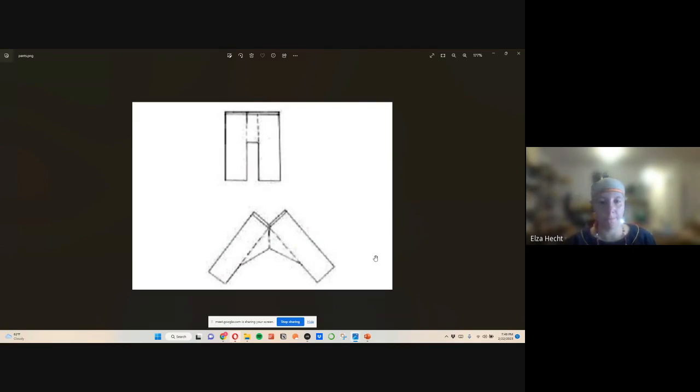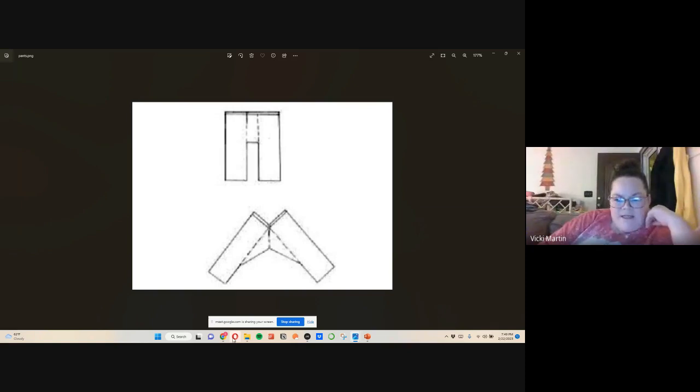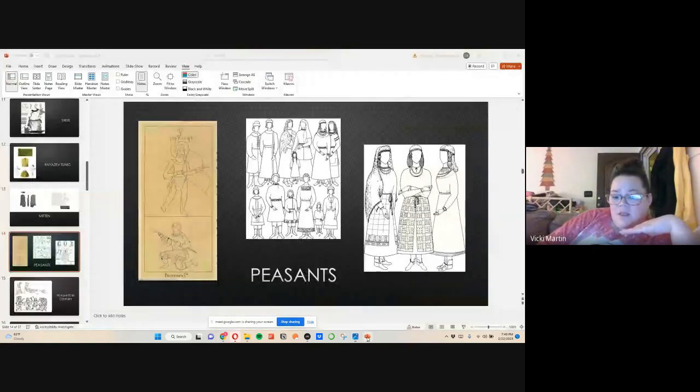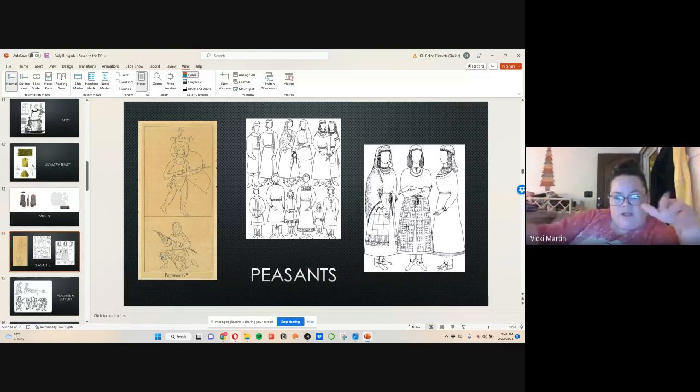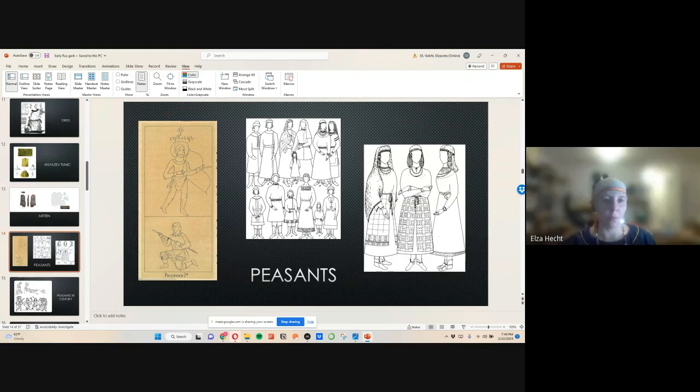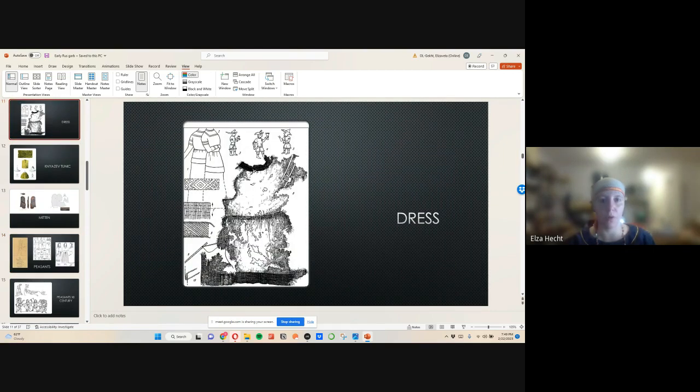I have a question on the slide that says peasants. The woman on the far right, is that a belt or is that a division between the top and the bottom? Is it two separate pieces? No, it's not two separate pieces. It looks to me like it's the same as the sarafan.